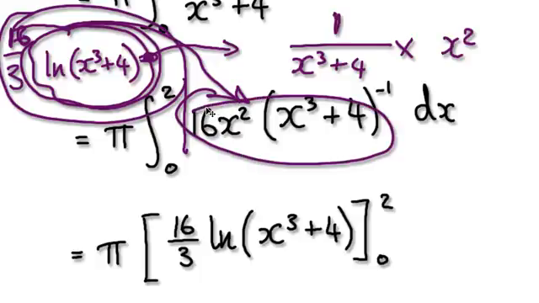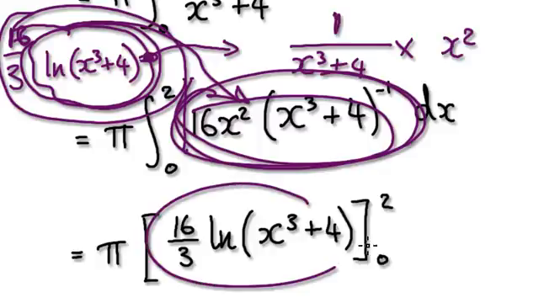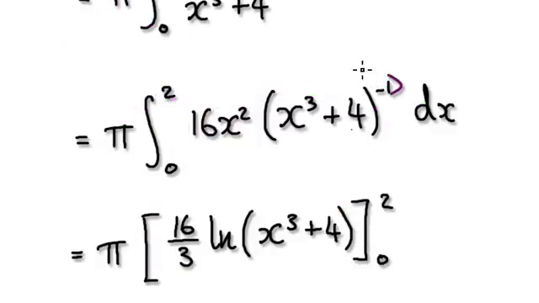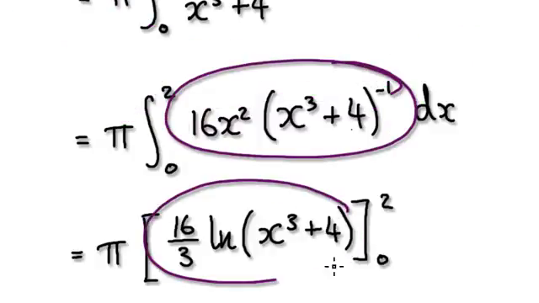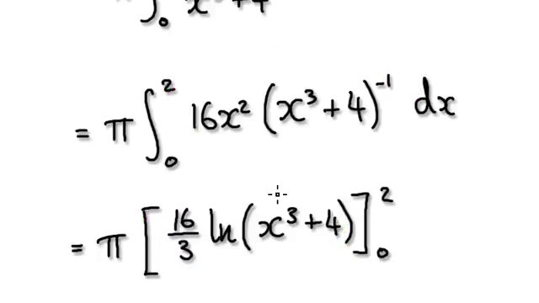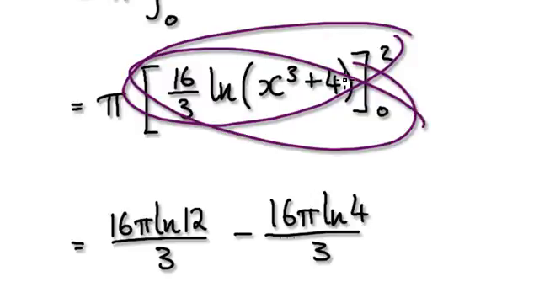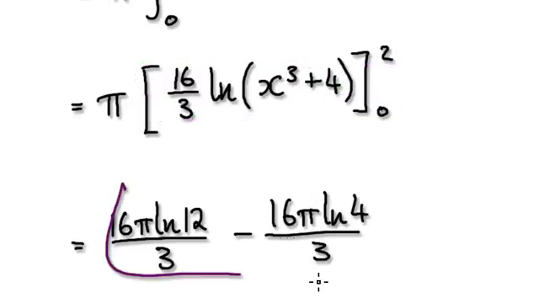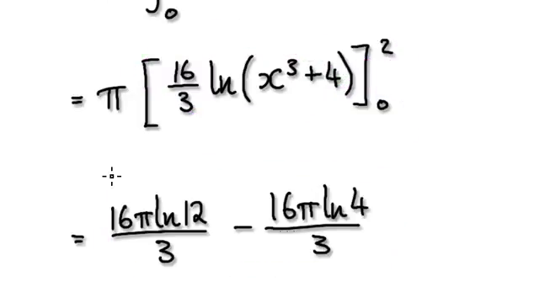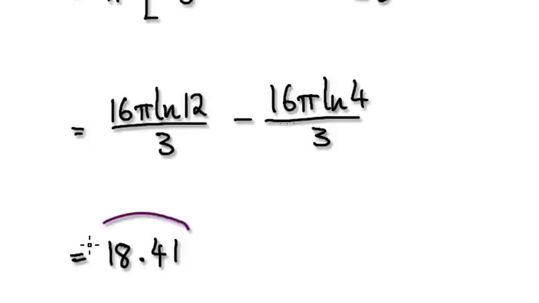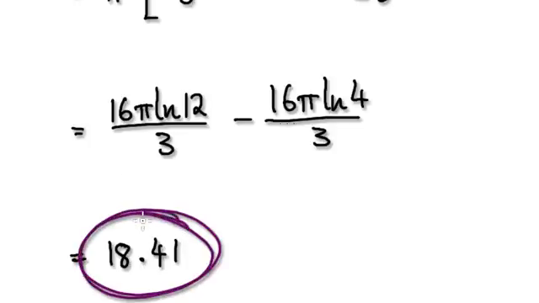So integrating this whole thing will give you this thing here. Now it's a matter of getting this, take away this, and then times pi. That will give you this thing here. Jump to your calculator, and it should give you this.